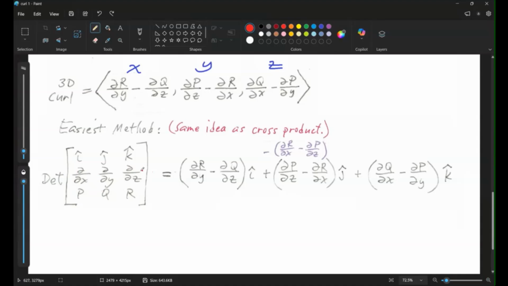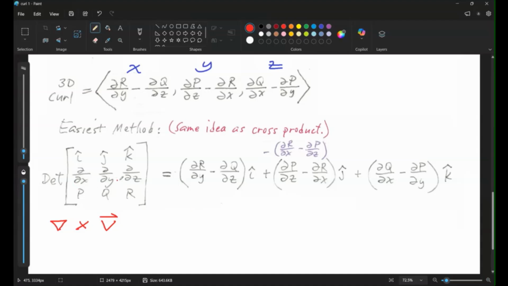Well, what we do is the same thing, except these are the components of our vector field, and these are the del operators. We're kind of doing a cross product of the del operator and the vector field, if you want to think of it that way.